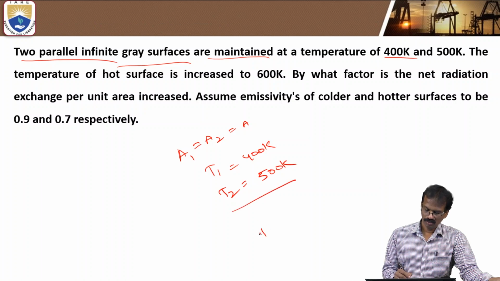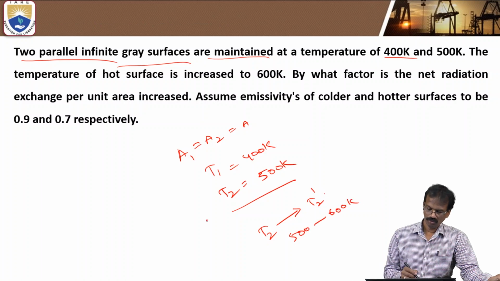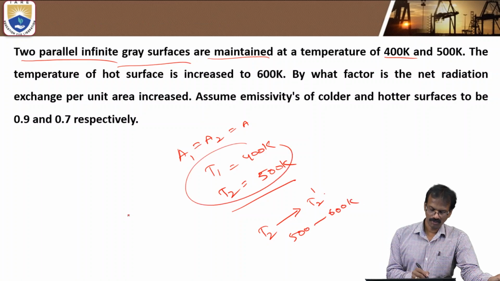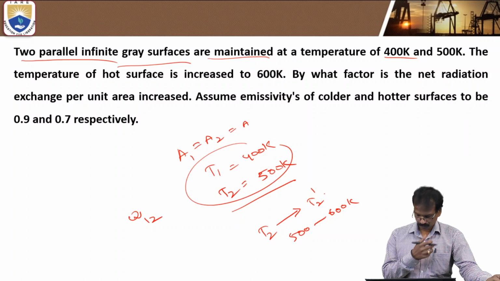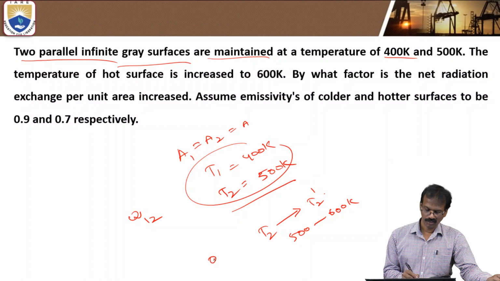Next, the second surface temperature has been increased from T2 to T2 dash, that is 500 to 600. We have to find the rate of heat transfer Q12, and when the temperature is increased, we also have to find the rate of heat transfer, that is Q12 dash.